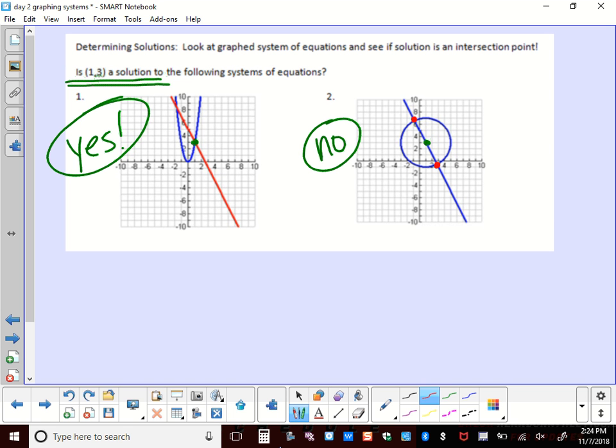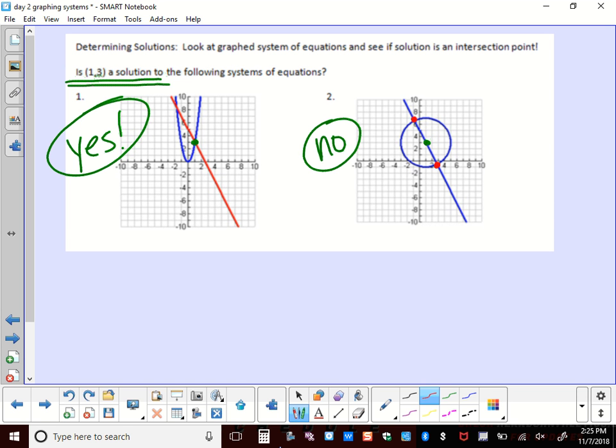Any questions on this? Do we feel good about this? You guys can be on your own in like 5 minutes. Speak up or forever hold your peace. Is it no? Because is this crossing anything? Is that point crossing? It's a point on the line, but is it actually touching the circle?